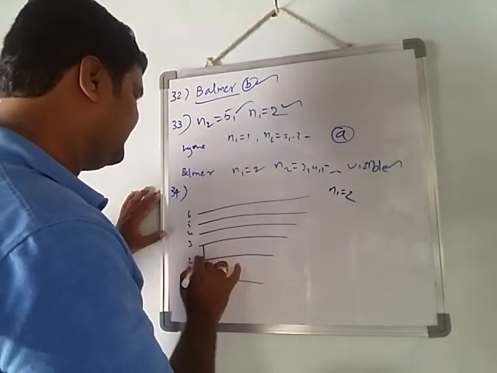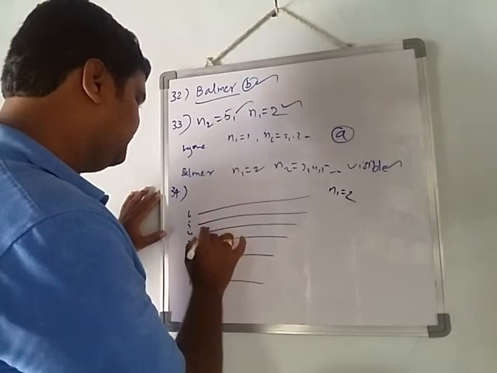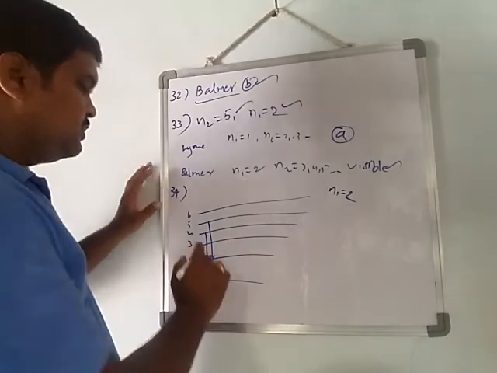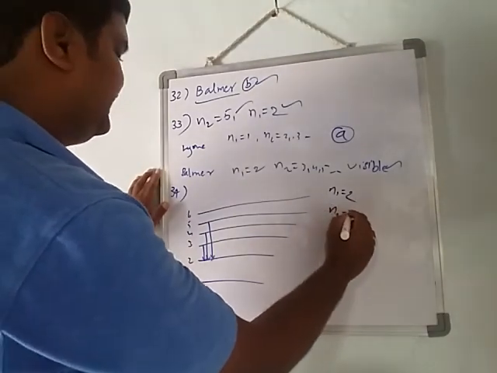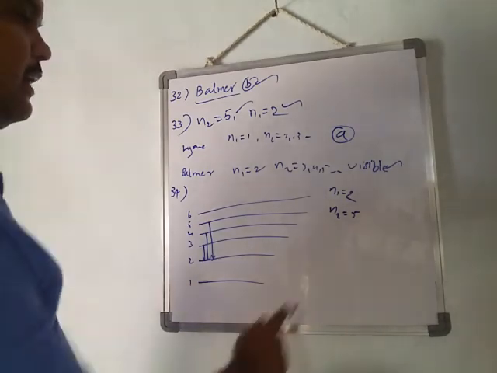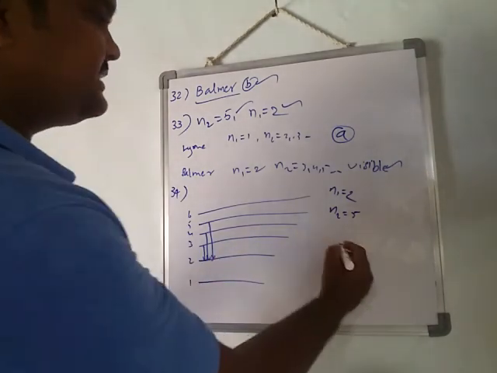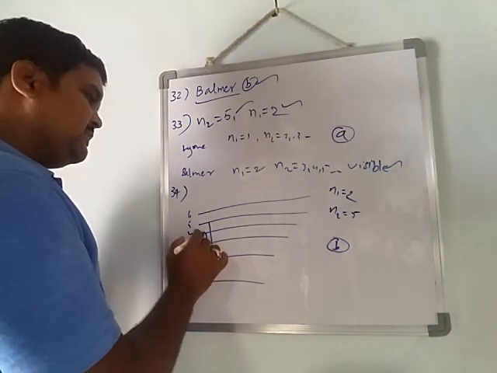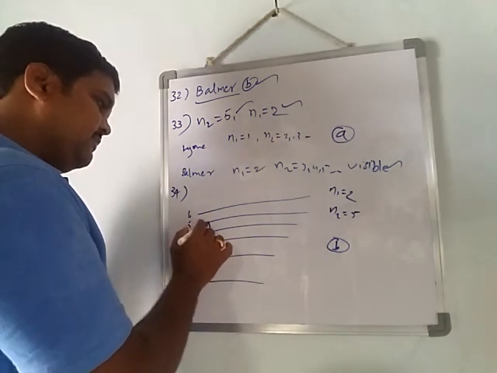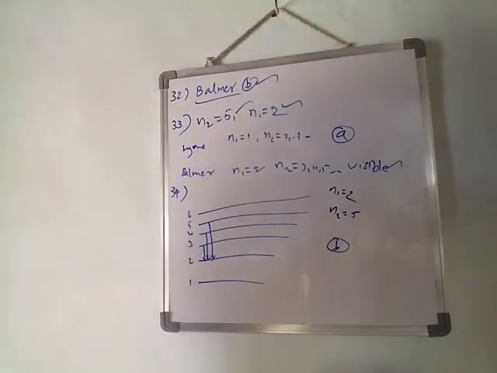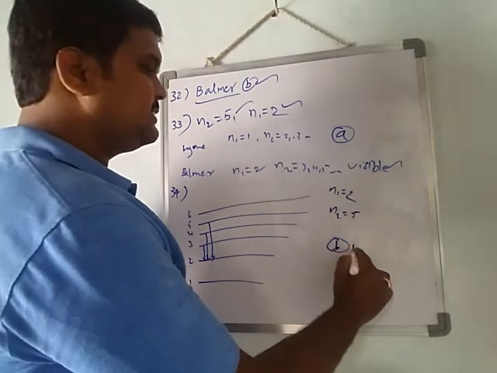So this is the first line, this is the second line, this is the third line. Yes or no? So n1 is equal to 2, n2 is equal to 5. So fifth Bohr orbit to the second Bohr orbit. This is 3 to 2 first, next 4 to 2, then 5 to 2. Is it clear? Yes or no? Hence option B is correct.